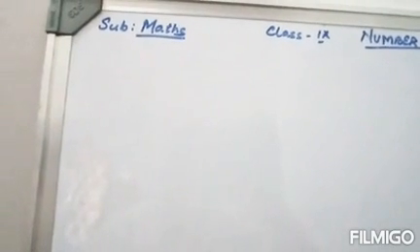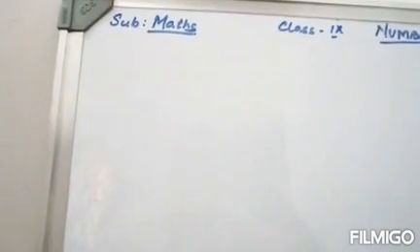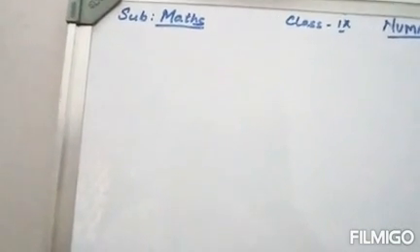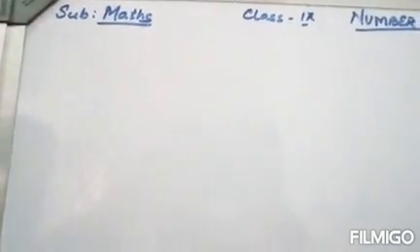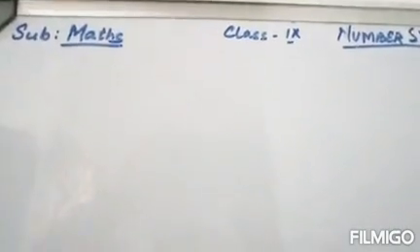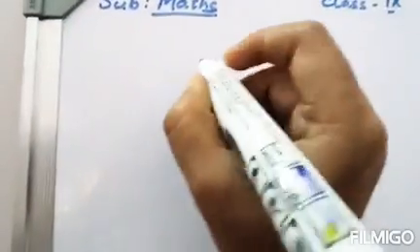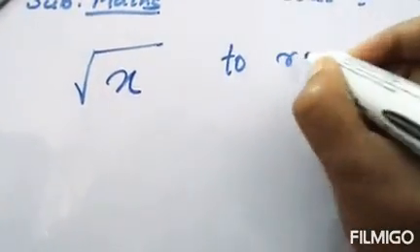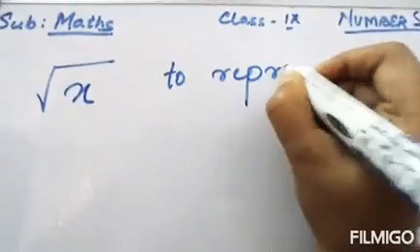Today we are going to start by representing rational and irrational numbers on a number line in a geometrical way. Suppose you are given a number x, and you need to represent root over x on a number line.